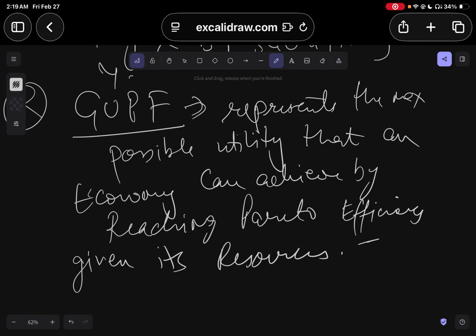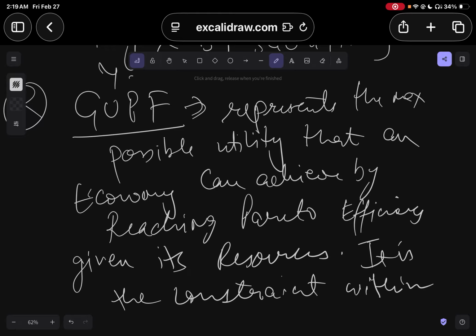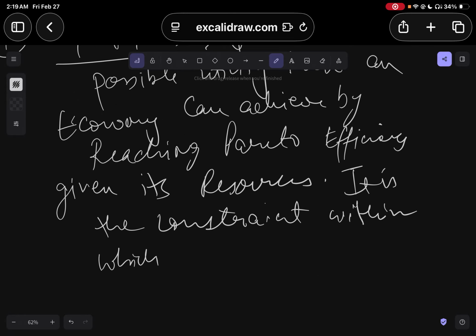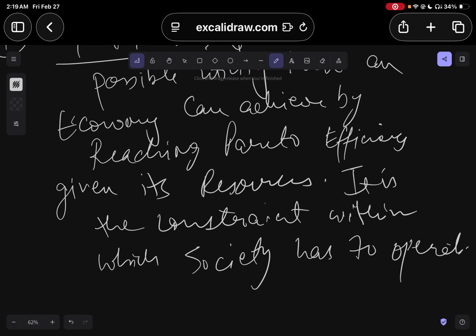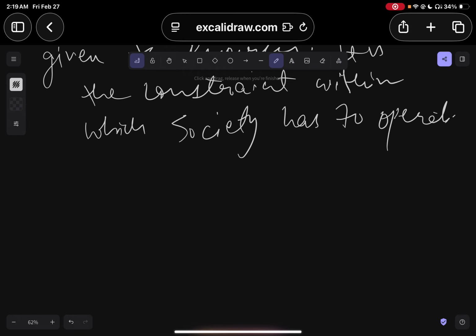It is the constraint within which society has to operate. So this is how the GUPF looks like.